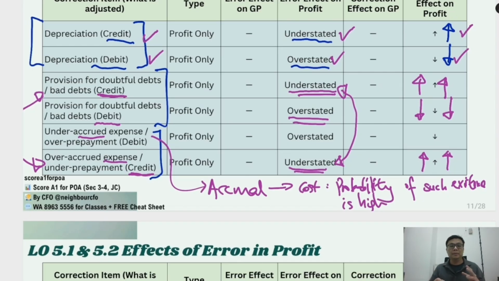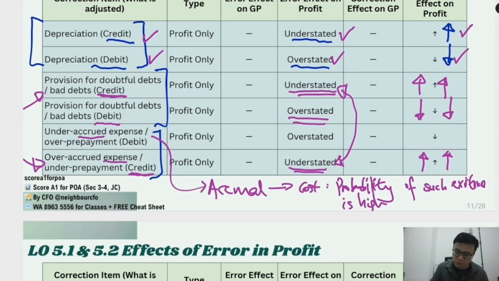Same thing. The flip side of it is when you find that there is a need to do a correction by debiting the expenses. Probably the amount of accrued expenses that you catered for earlier on is not sufficient. So as a result of that, there is an overstatement.